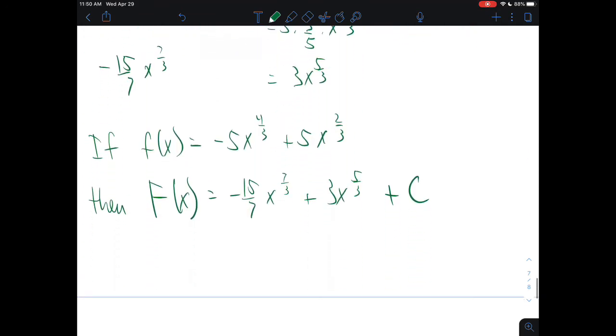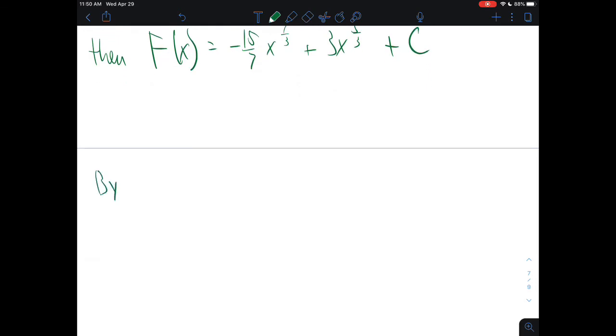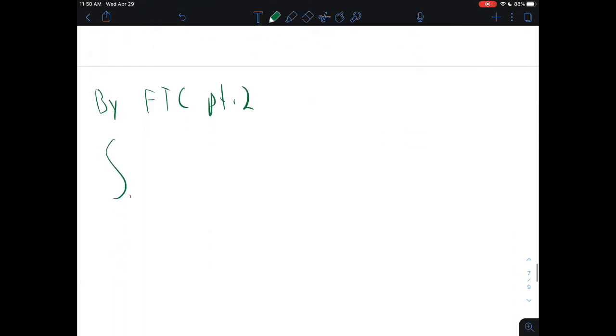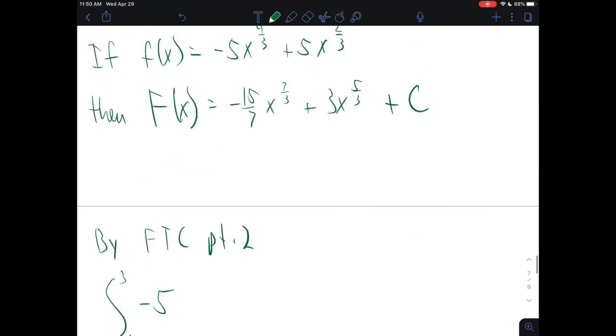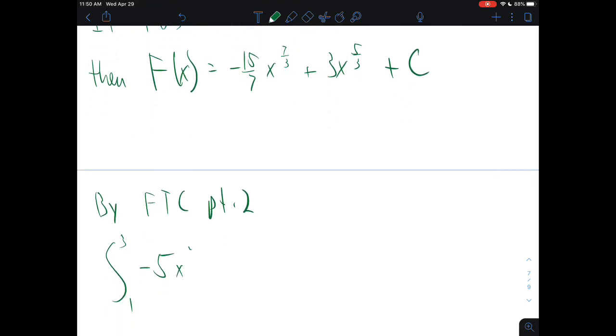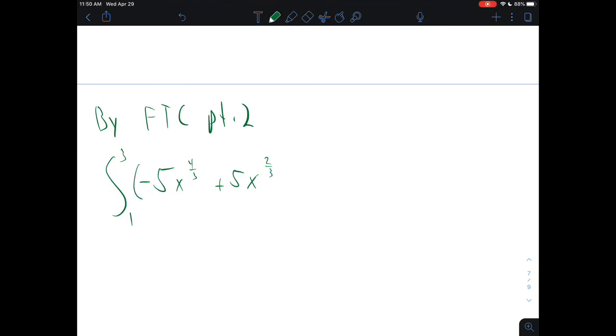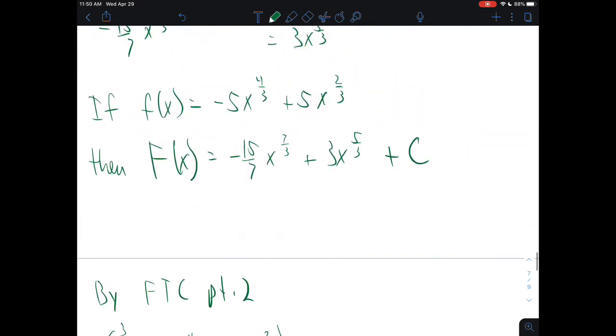So let's put this all together with our theorem. So by the fundamental theorem of calculus part 2, the integral that we had, which was the integral from 1 to 3 of our function, negative 5x^(4/3) plus 5x^(2/3) with respect to x, just becomes capital F(3), because here b is equal to 3, minus capital F(1), which means take the function that you just wrote down for capital F and plug in those values of x.